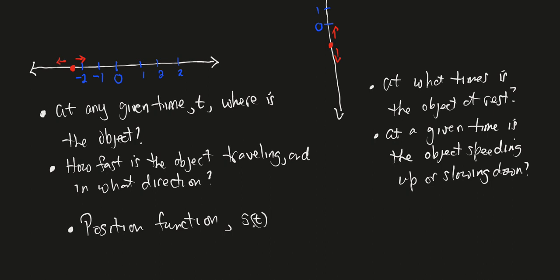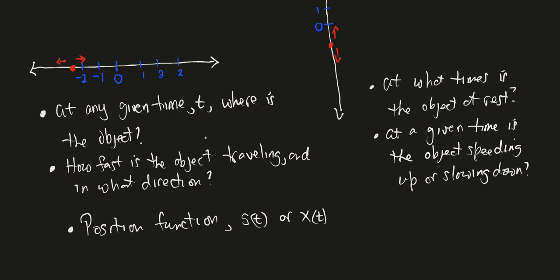Which seems a little strange to denote position with the letter s, but again, there are reasons for that. So it's either denoted s of t or x of t, right? And so this function gives the position at any given time.